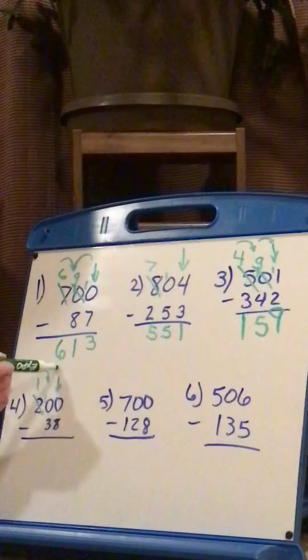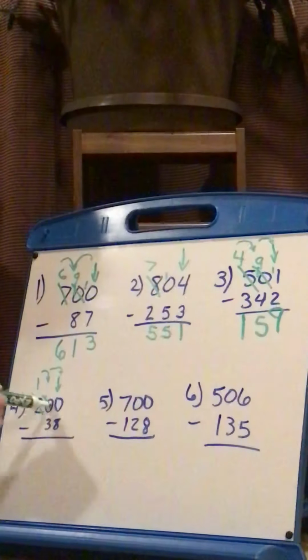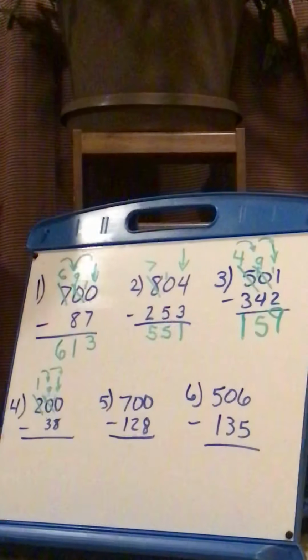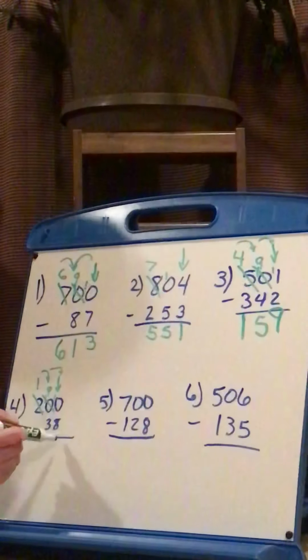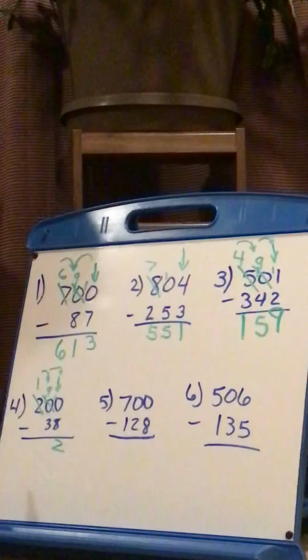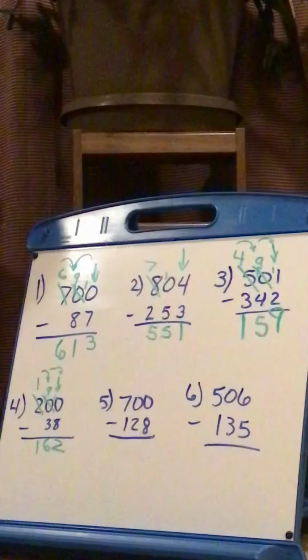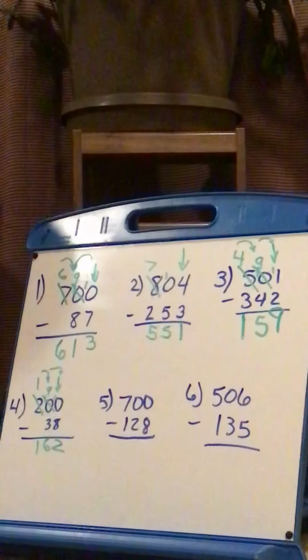Before I can subtract, I have to go this way. So I'm going to cross out the 10 and put a 9. And bring a 1 over to here. So now I have 10 minus 8, which is 2. 9 minus 3 is 6. And 1 minus an imaginary 0 is 1. So it's 162. Okay?